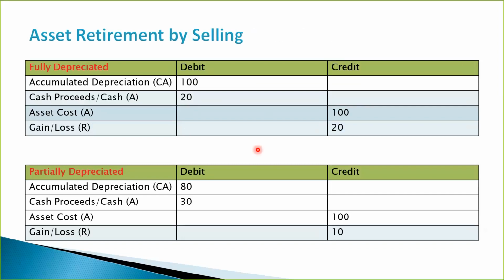Now, the other way you can retire an asset is by selling it, okay? So if we look at the first journal entry, the asset has been fully depreciated. Straight away, you should know that accumulated depreciation and asset cost should be equal in value in that case, right? They're on different sides of the transaction. So if you retire this asset by selling it, it means you're getting some money, okay?